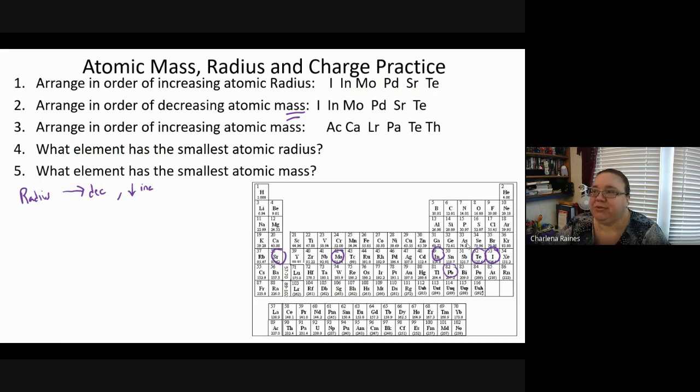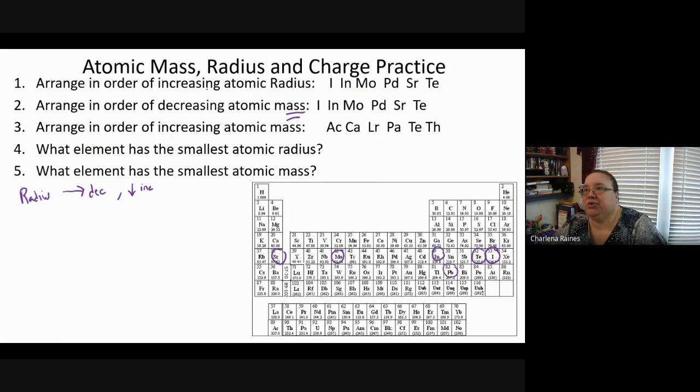And that kind of gives me an opportunity to talk about the difference with radius between periods and groups. So it's a very small change as I go across a group. Very, very small. But as I go down one period, it is a massive increase in that radius. So if I'm looking at radii, or if I'm looking at elements that don't form a nice, pretty diagonal, take it one row at a time.